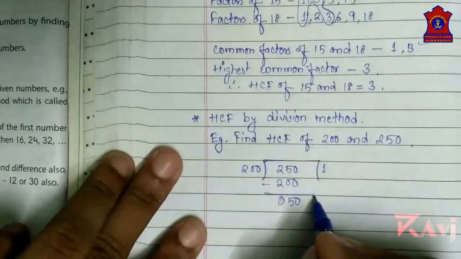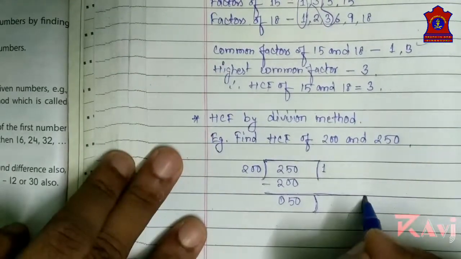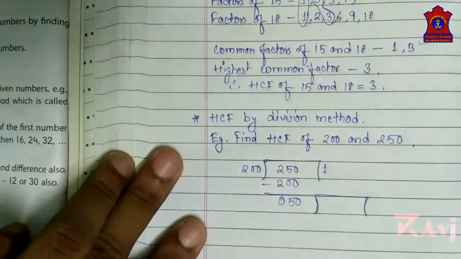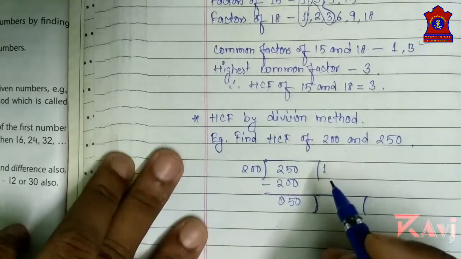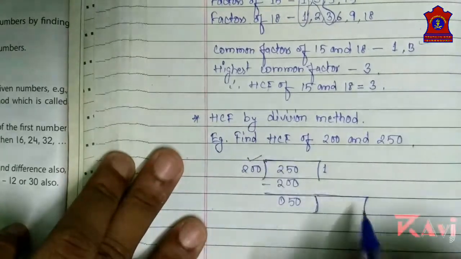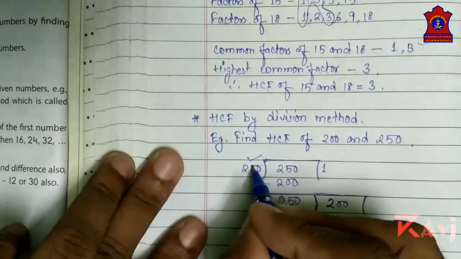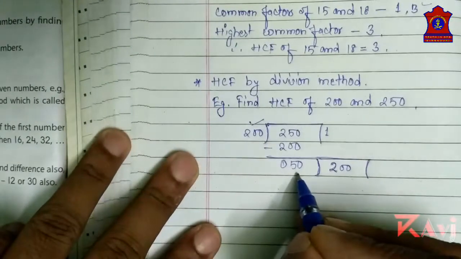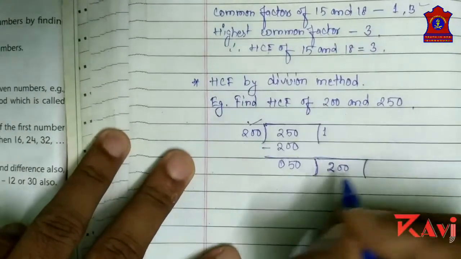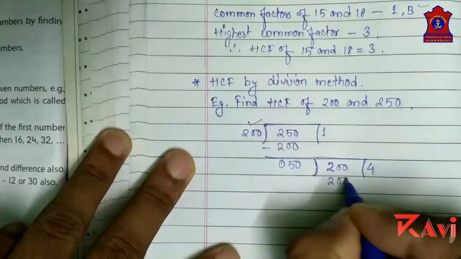Okay, now we are going to create a division box here. Clear? Here, what you need to keep? This divisor will become the dividend here, and this remainder will become the divisor. 50 into what makes 200? 50 fours are 200.